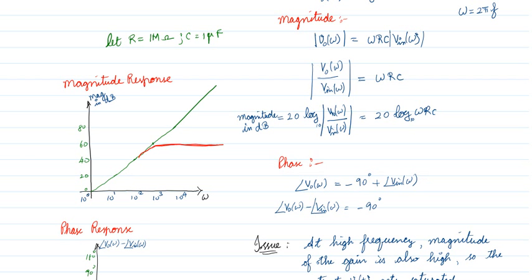This value is 20 log R2 by R1, right? So this is the characteristic, or magnitude response, of the ordinary differentiator.